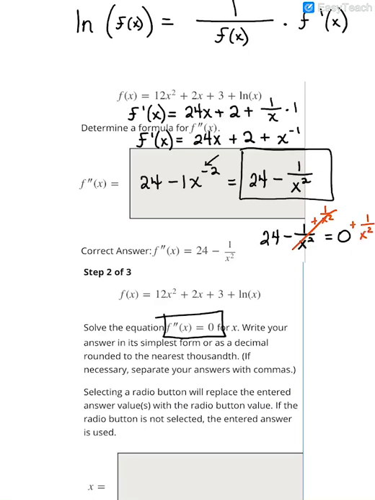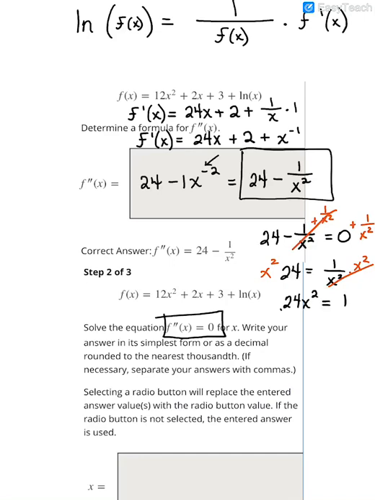And so at this point, I would have 24 is equal to 1 over x squared. And to get that x squared off the bottom, multiply both sides by x squared, so that we have 24x squared that's equal to just 1.